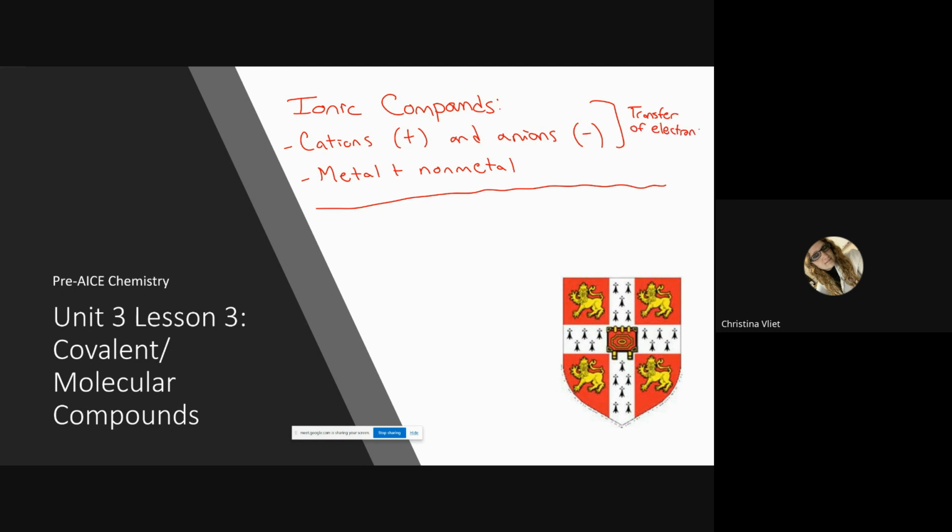But in a covalent compound, there is no such transfer of electrons. In a covalent compound, the valence electrons are actually shared between the two elements. And hopefully you have seen that in the tutorial.